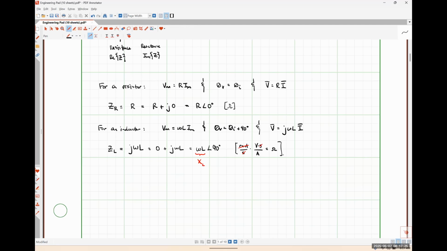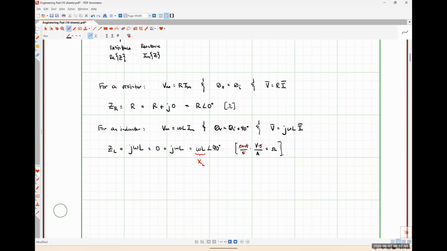Now, I want you guys to notice something here. For the inductor specifically, and we'll see a similar relationship for capacitors, the impedance of the inductor is dependent on the frequency of excitation for our system. So let's see if this agrees with what we already know.